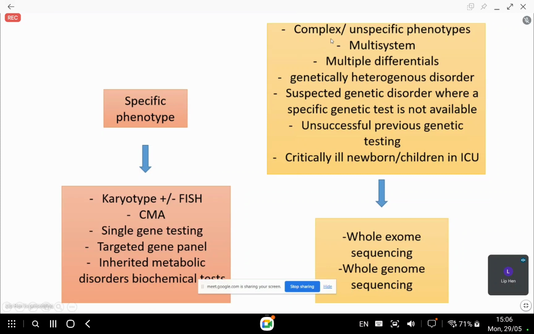If the patient has complex phenotypes involving multiple systems, multiple differentials, or you suspect a genetically heterogeneous disorder, or when a specific genetic test is not available, or this child has an unsuccessful previous genetic testing, like this Indian girl, or when you have a very critically ill child or newborn in the ICU, then you may consider whole exome sequencing or whole genome sequencing. In Malaysia, whole exome, whole genome, targeted panel, and also microarray are not easily available, and they have to pay out of pocket themselves.